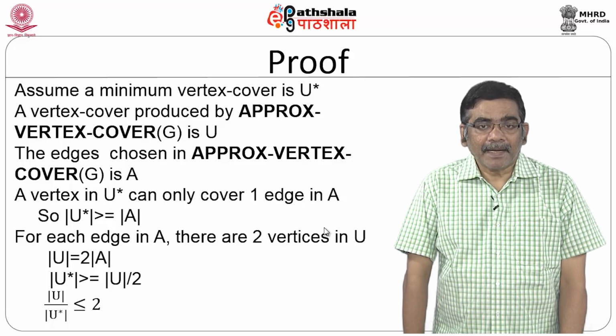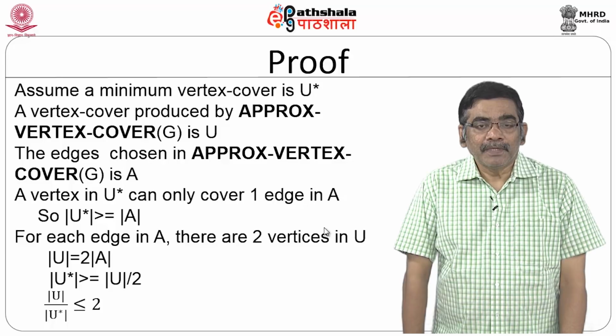If we take the maximum, then that is called the approximation ratio. This is a minimization problem. Therefore, we are taking the ratio of approximation by original, and it is going to be less than or equal to 2. Therefore, we can conclude that this is a two approximation algorithm. This is how we can solve the problem of vertex cover.